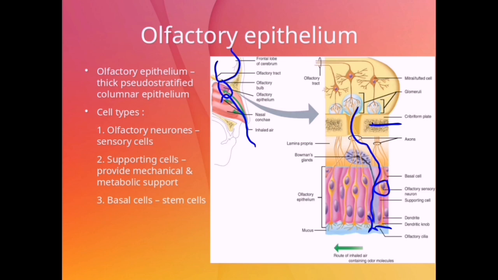Then we have the support cells or the sustentacular cells. These support cells, the cells in between our sensory cells, provide both mechanical and metabolic support to the olfactory neurons. The third type of cell which you find is the basal cell.